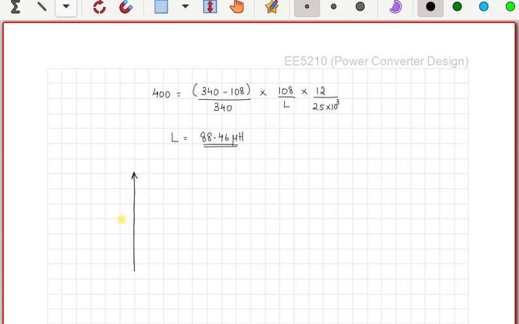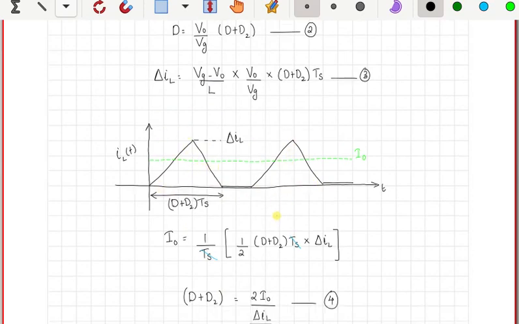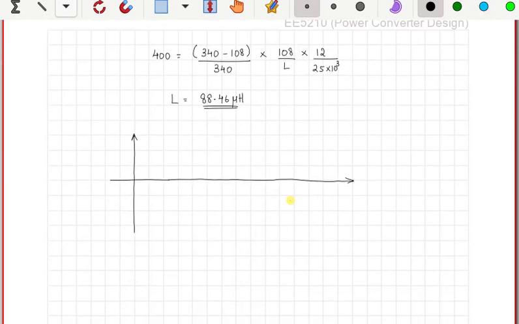For that, as usual, we turn our attention to the capacitor current. So the capacitor current would simply be a shifted version of this delta IL. So it will shift downwards by the amount of I0.